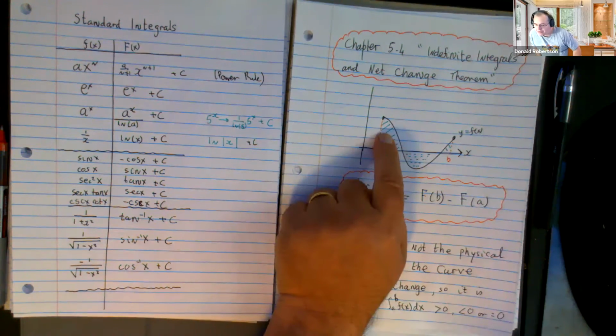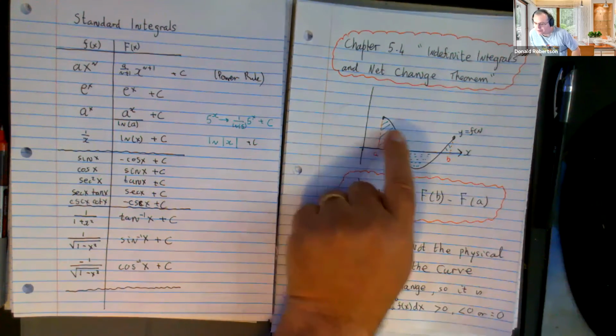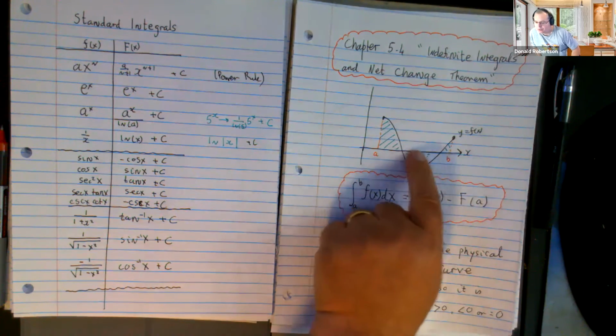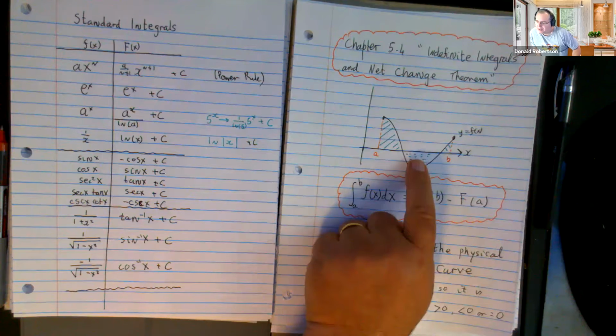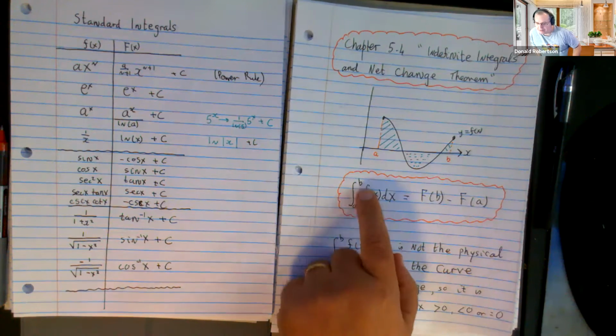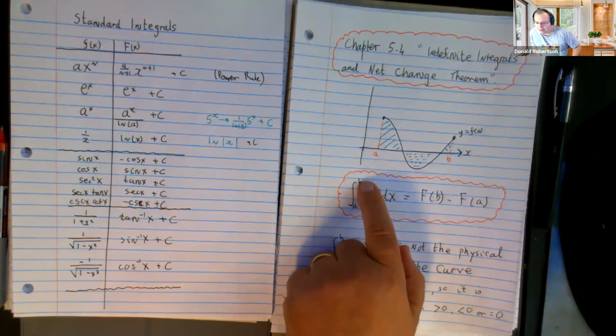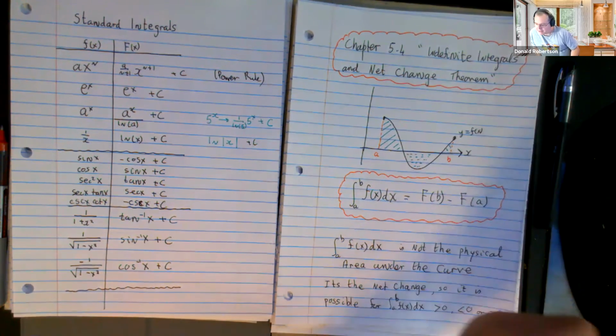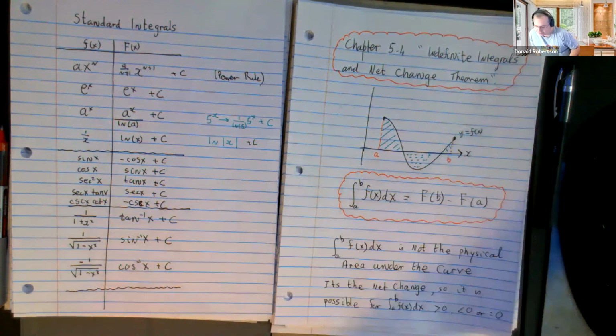We've done this before. Isn't this area here positive and this little bit over here is positive? But isn't this area here, the one with all the little dots on it, wouldn't that actually be a negative number? So when you get the integral from a to b, the area under the curve from a to b, couldn't this answer, in certain circumstances, be positive, it could be negative, or it could even be zero?